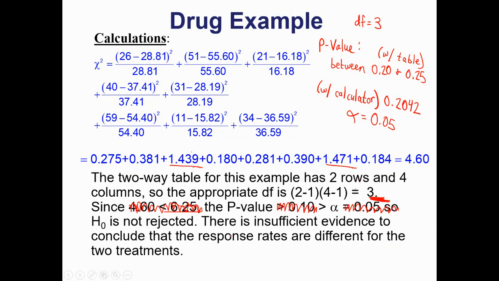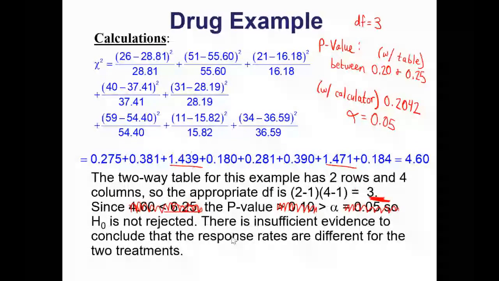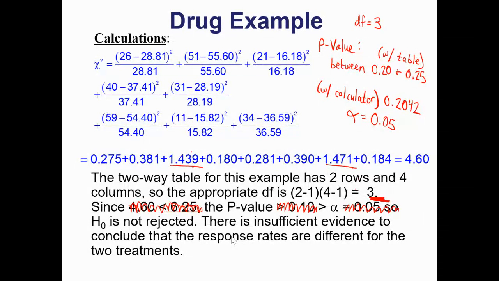So we fail to reject H naught, which means there's insufficient evidence to conclude that the response rates are different for the two treatments. Again, notice we're not saying that they're the same. We're just saying there's not enough to conclude that they're different.